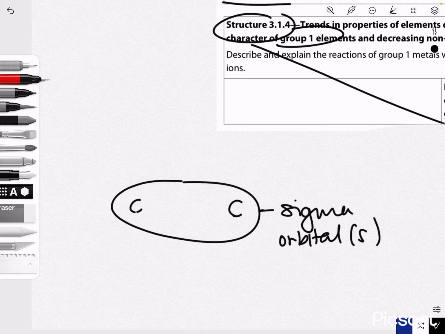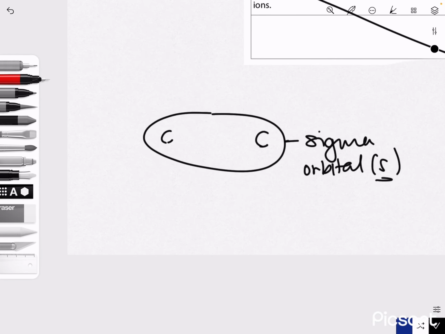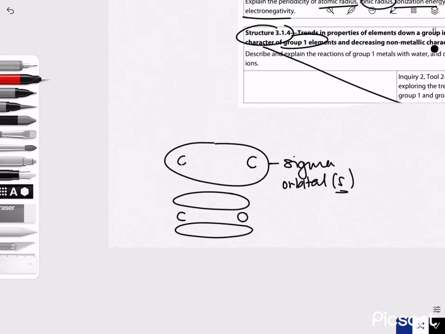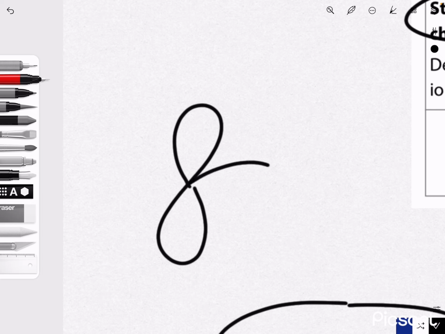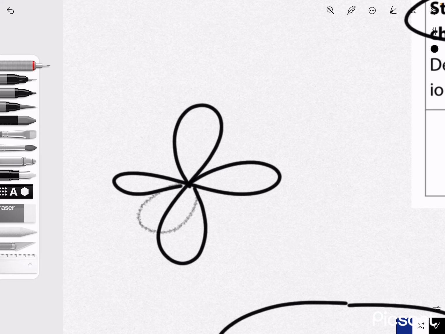And you can also get your pi orbitals, for example, carbon and oxygen, where you'll get your p orbitals, let's say the upper and the lower ones of the p, because we know that our p orbital does this on the y-axis, this on the x-axis, and then this on the z-axis.